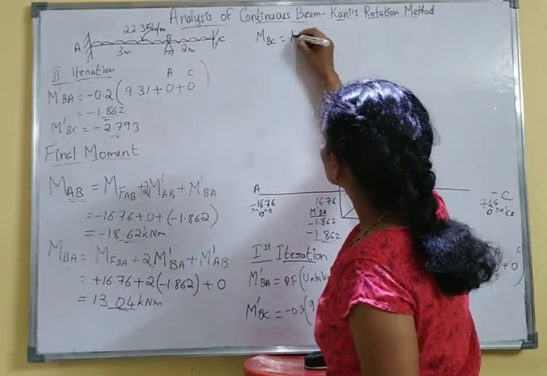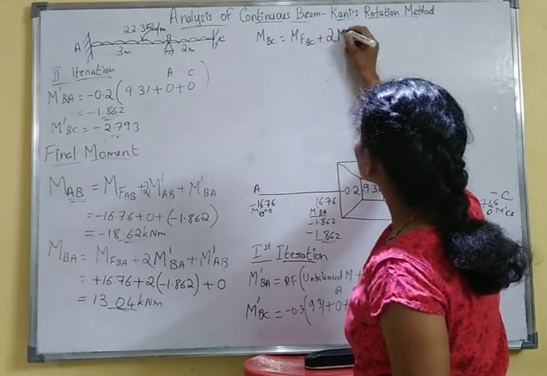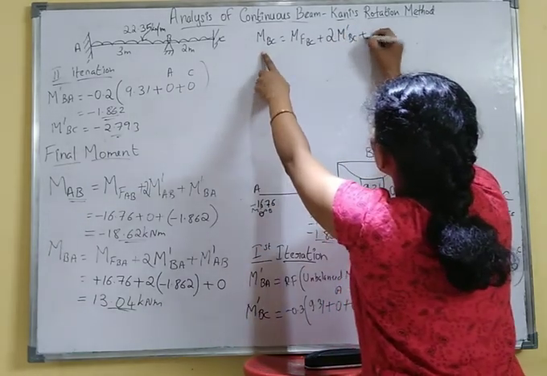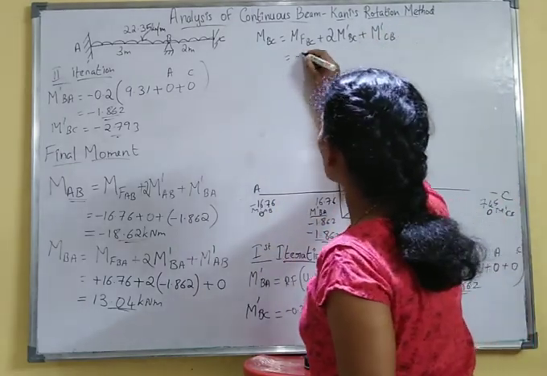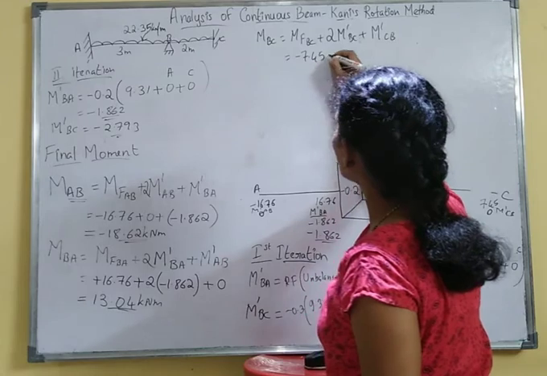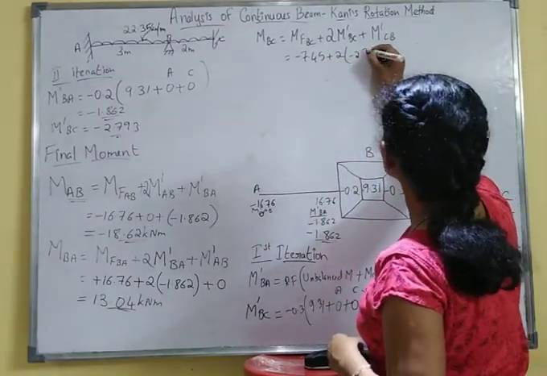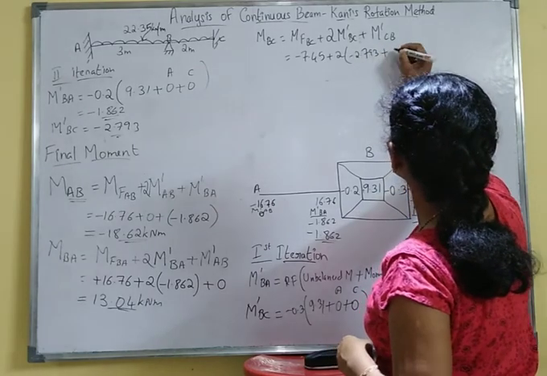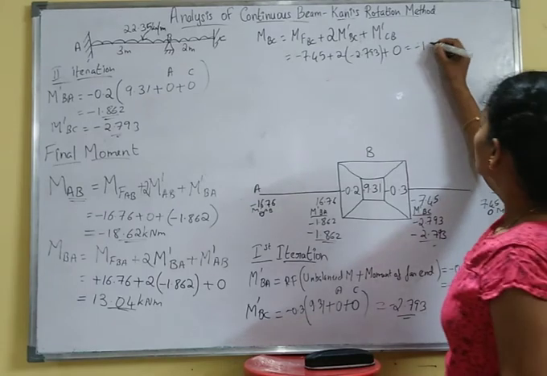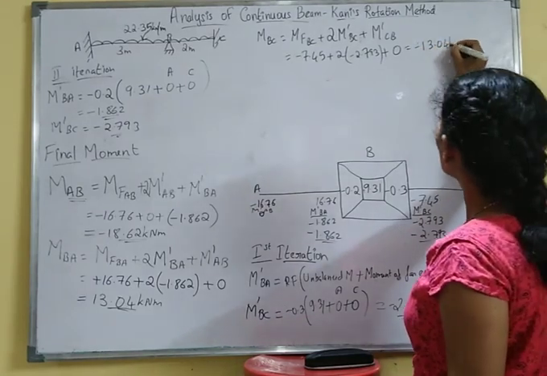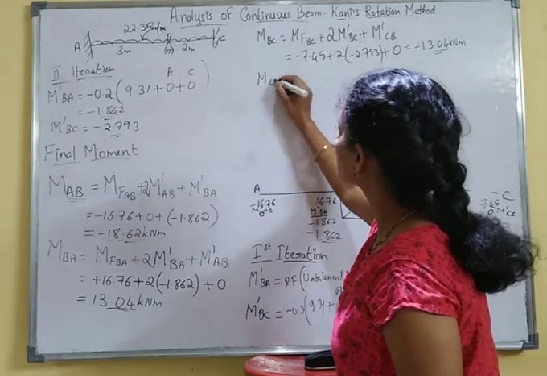Similarly, find out MBC and MCB. MBC is MFBC plus 2 times m dash BC plus 1 time m dash CB. So minus 7.45 plus 2 times minus 2.793 plus 0. Calculate. So it is minus 13.04 kilonewton meter. Last, MCB.